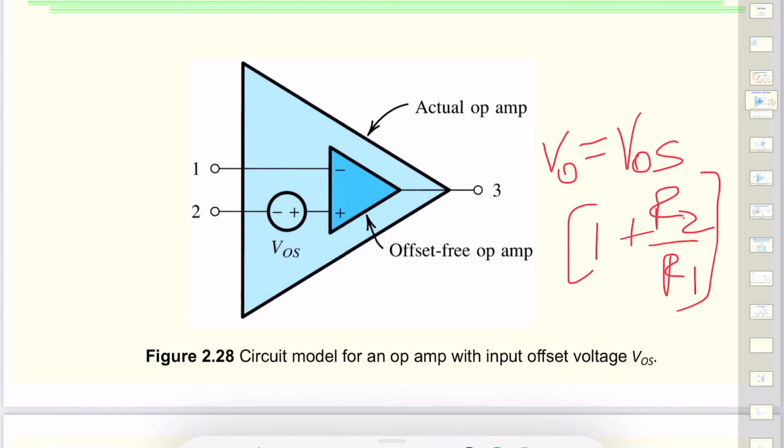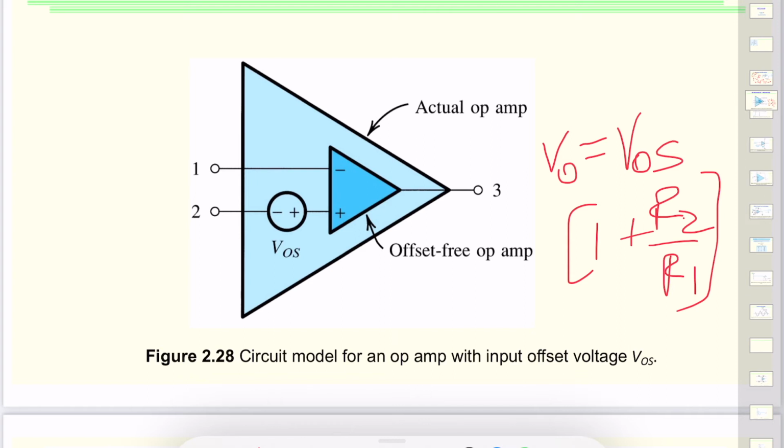This output DC voltage can have a large magnitude. For example, for a non-inverting amplifier with a closed loop gain of 1000, a 5 millivolt input offset would result in a DC output voltage of plus 5 or minus 5 volts instead of 0.